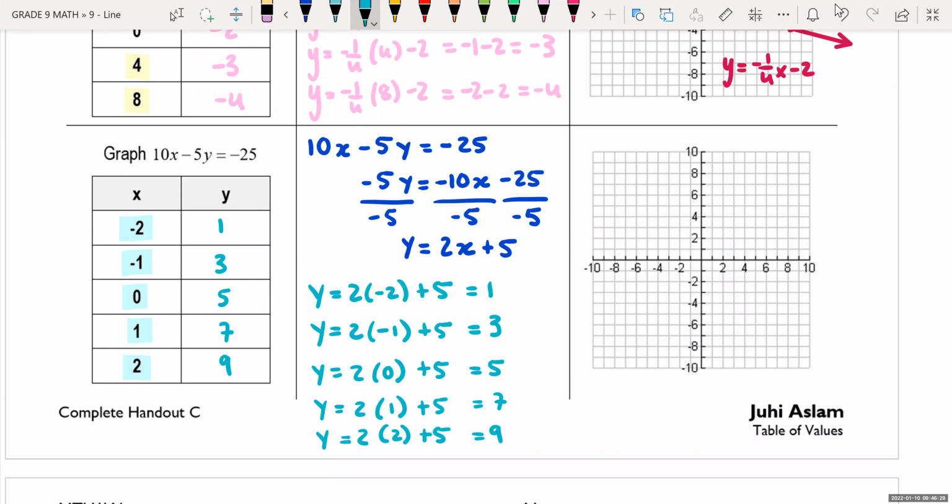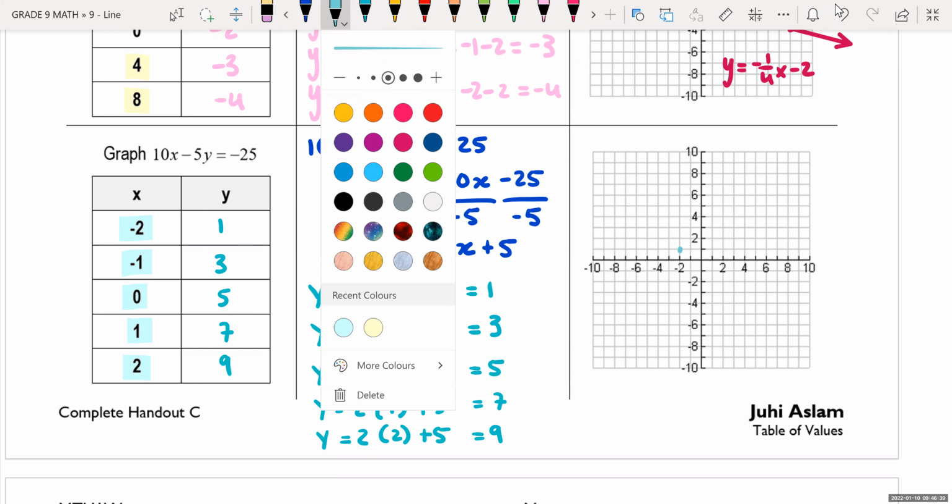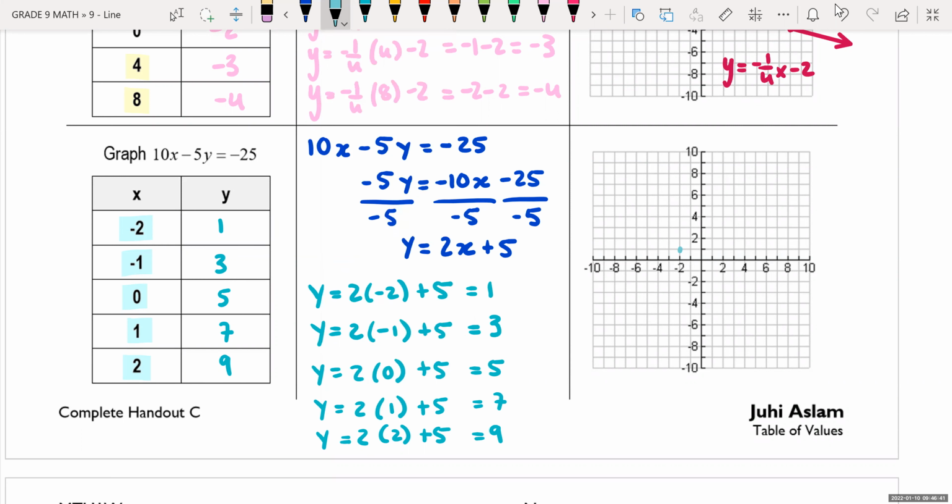Okay, and then to finish off this question, let us graph. So -2, 1 would be up here. -1, 3 would be there. 0, 5 would be there. 1, 7 would be there. And 2, 9 would be there.